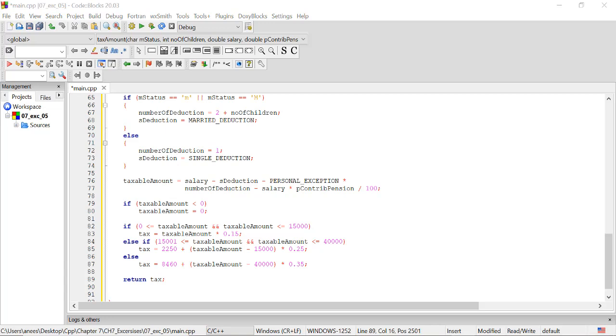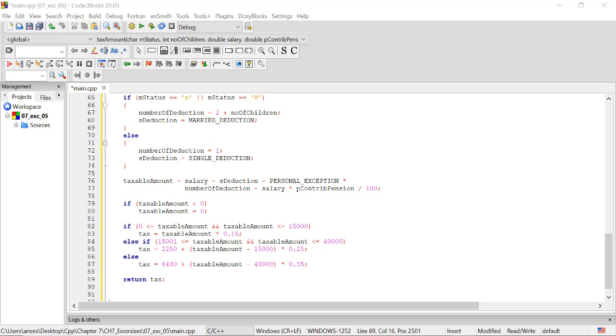Now I'm just going to take a step back and look at the whole thing. As it said in the programming problem, if the taxable income is between 0 and 15,000, then the tax rate is 15%.